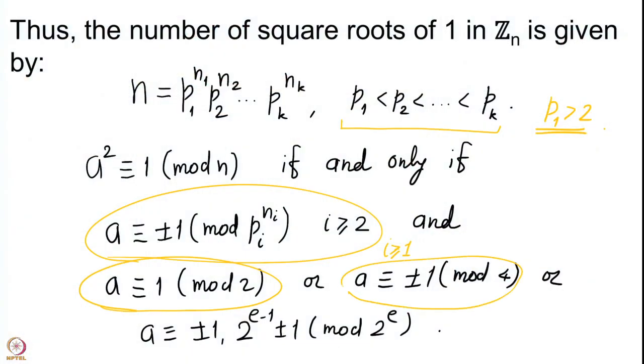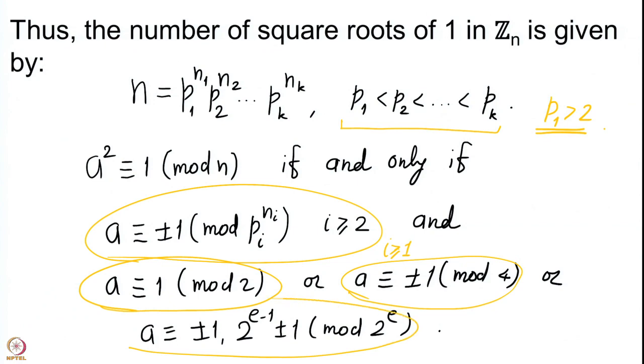When you are looking at 4 divides but 8 does not divide, then you have again 2 power k solutions, because this behaves like the power of odd primes. And when you have 8 divides, then you actually have 4 congruences. So, your equations have now 2 possibilities modulo odd primes, but 4 possibilities modulo 2 power. So, you have 2 power k plus 1 solutions.